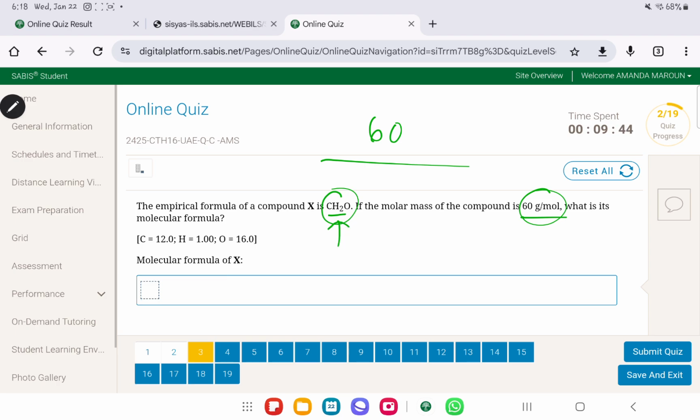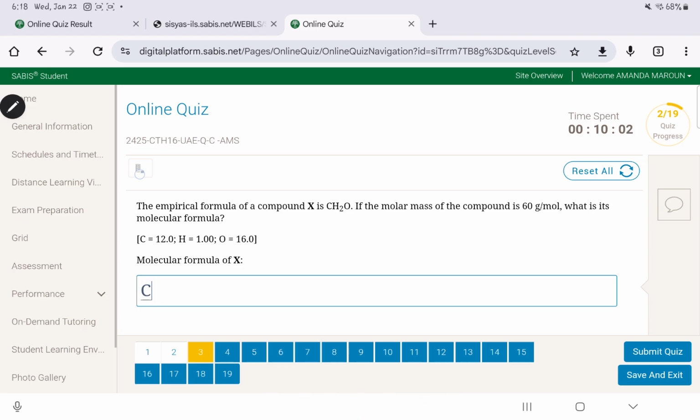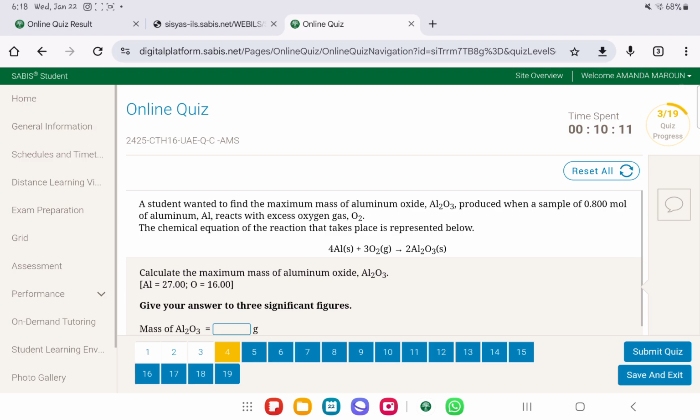It's gonna be 12 plus 2 plus 16, which is 30. So 60 divided by 30 is equal to 2. So that means we are gonna take this one, CH2O, and we are gonna multiply it by 2. So it becomes C2H4O2.